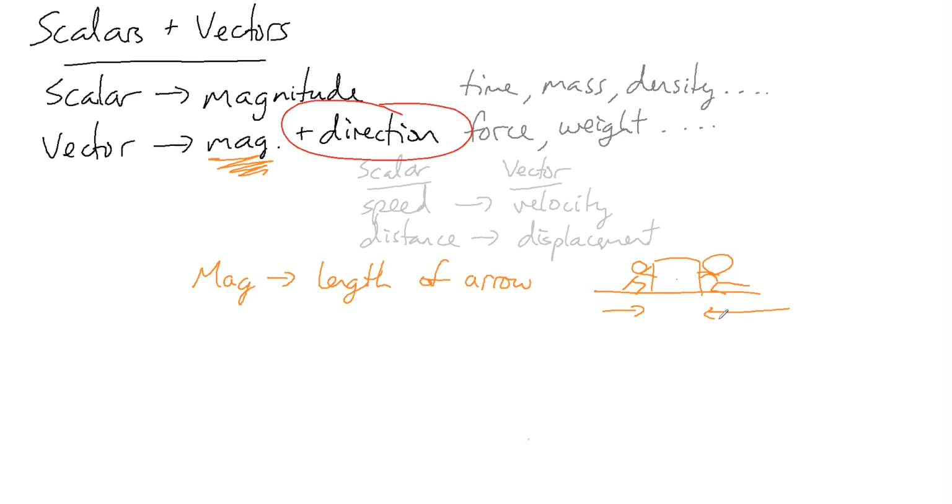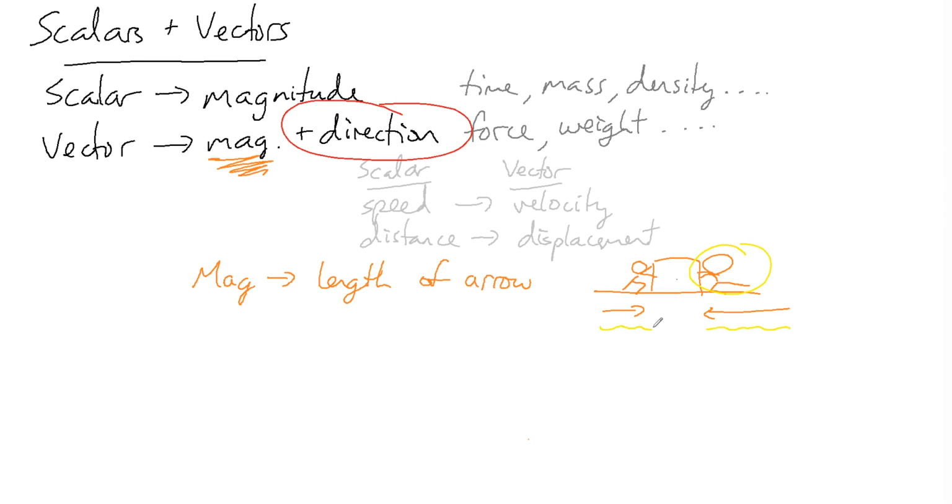Just by looking at the arrows, just by looking at the vectors to represent them, it shows you who's going to win. Obviously, the box is going to go to the left, and just looking at it, I would say that this guy is pushing twice as hard. Now, how do I know that? Well, just by looking at the vectors, this one is about 2 times longer than this one. So just by drawing simple arrows, I can see who's going to win, I can see how much they're going to win by, and I can actually compare how much they're actually pushing.